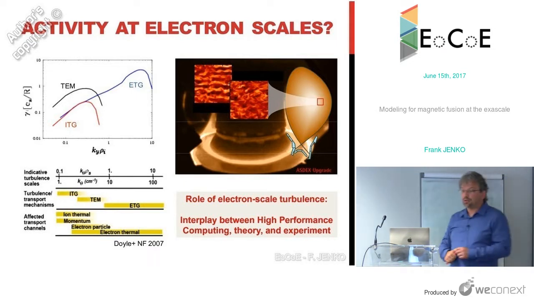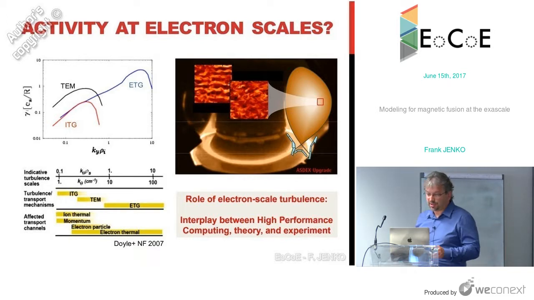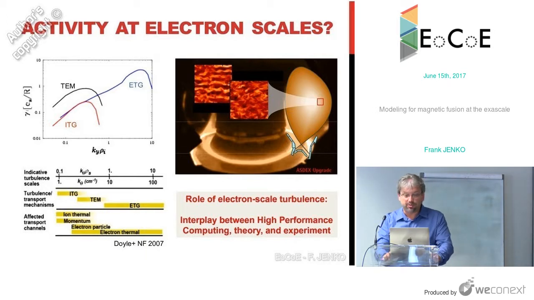But around 2000, there were some simulations which I was involved in, where we found that actually ETG modes can be important, which means that we have to extend our scales down to the electron gyroradius scale, which is 60 times smaller than the ion gyroradius scale, which people considered before.